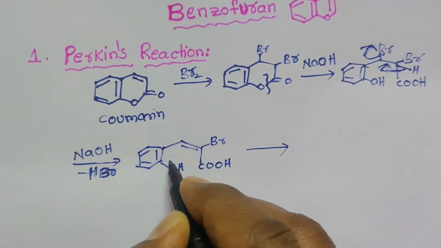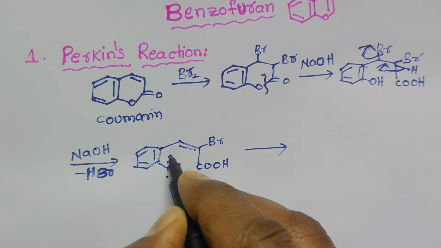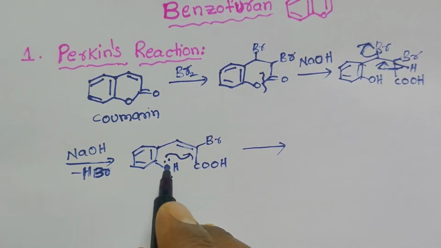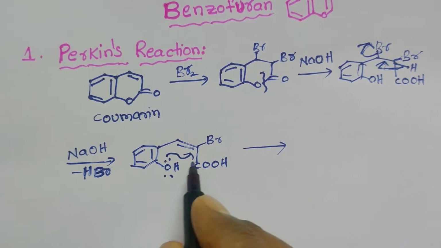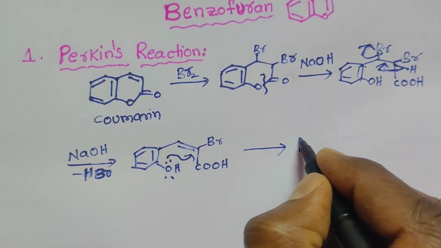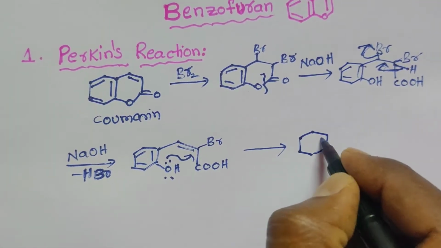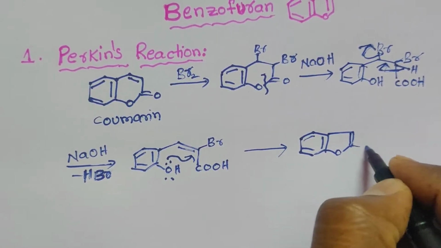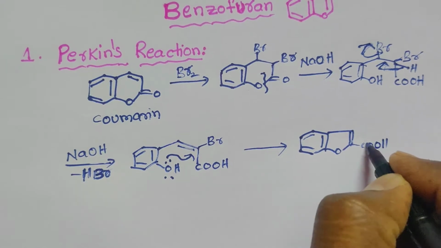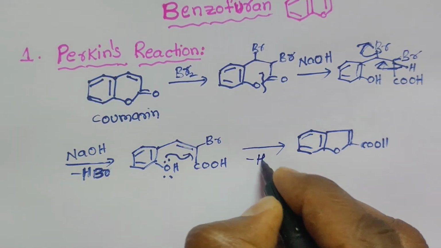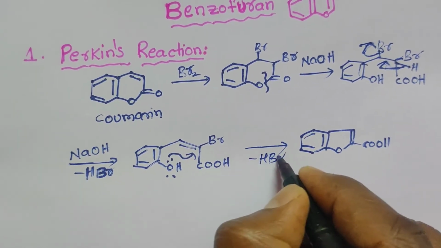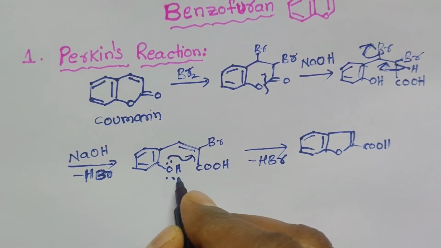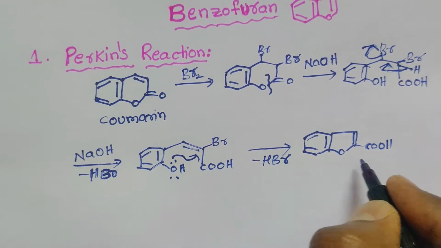Then this one undergoes cyclization due to the presence of the electron pairs on the oxygen atom. It undergoes cyclization and we get a cyclic product like this. Here HBr goes outside. First of all, bromine goes outside and oxygen gets the positive charge. Then after this hydrogen leaves that oxygen atom, as a result we get this one.